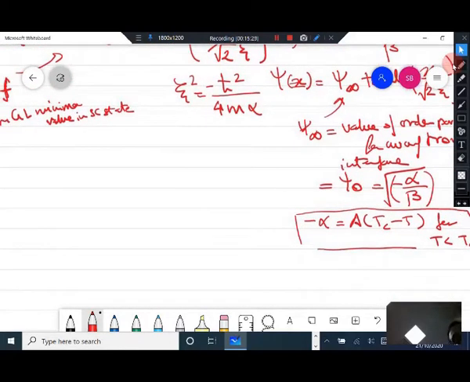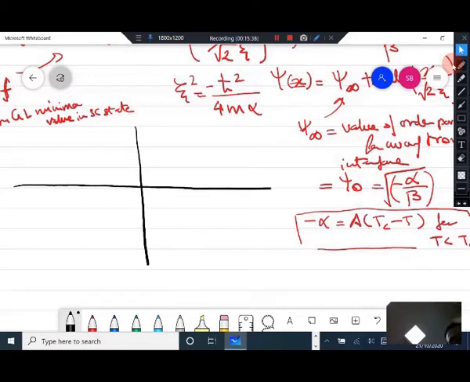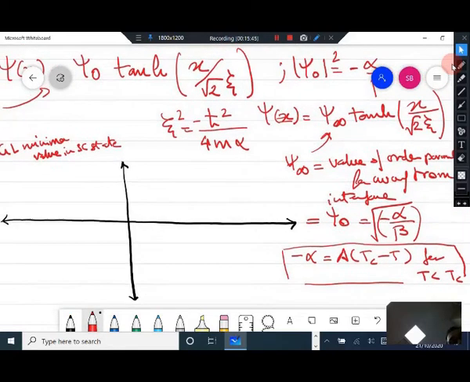Now, if I look at this behavior of the order parameter, the tan hyperbolic behavior, then far away, this is x and this is psi. Far away the function is constant, that is the form of tan hyperbolic.